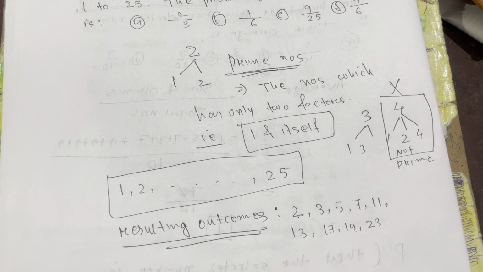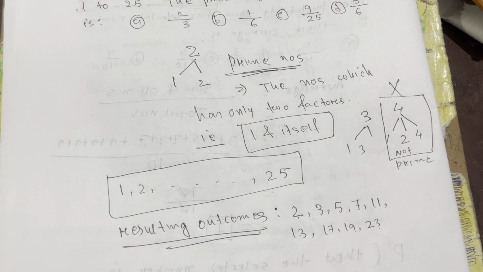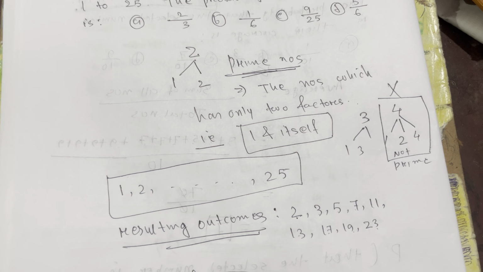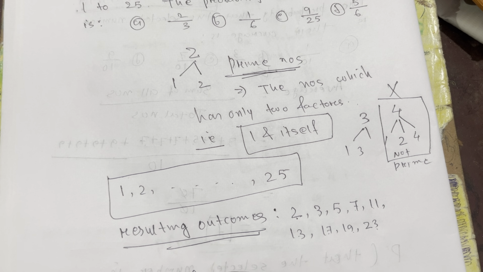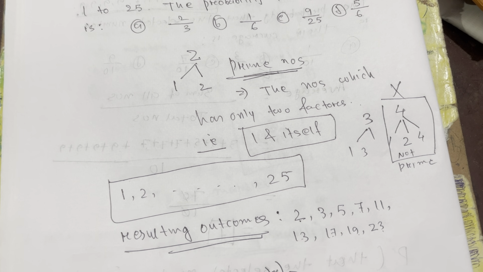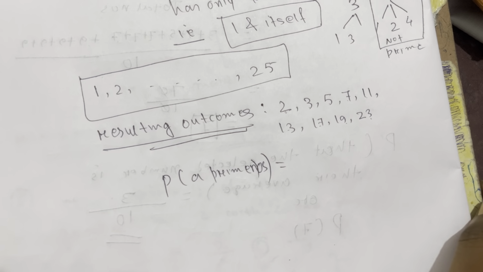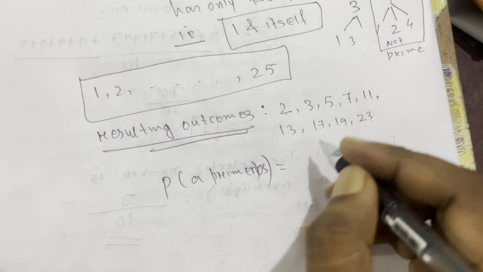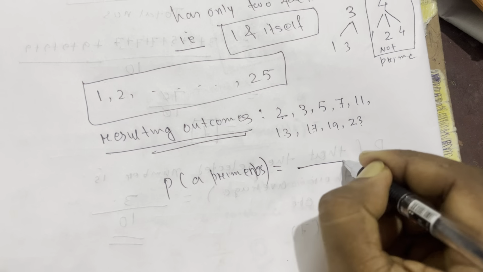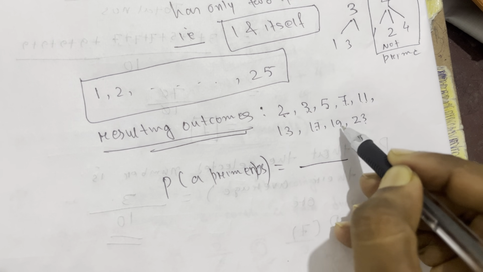So you got 9 prime numbers because these numbers are not divisible by any number other than 1 and itself.